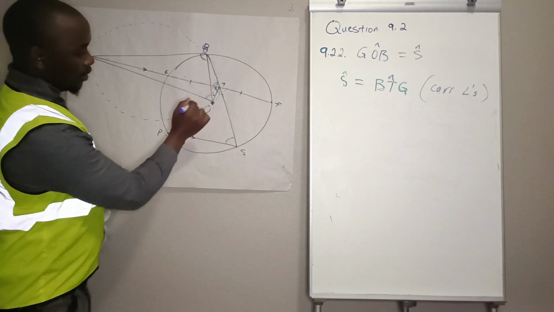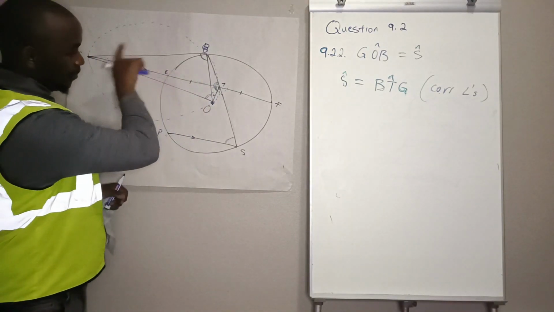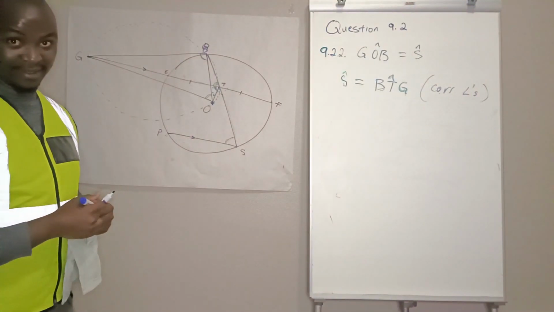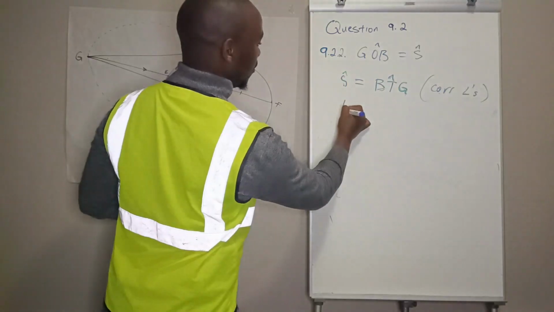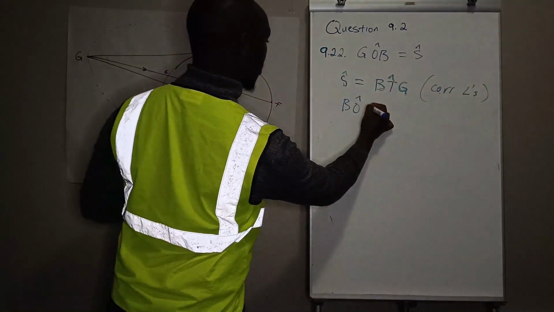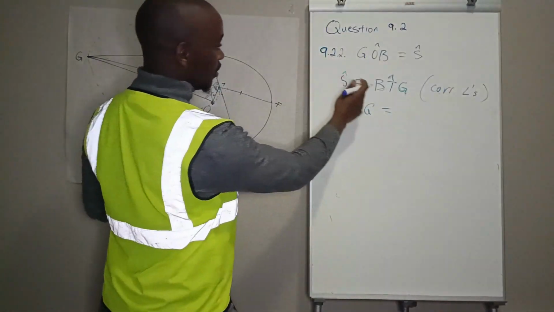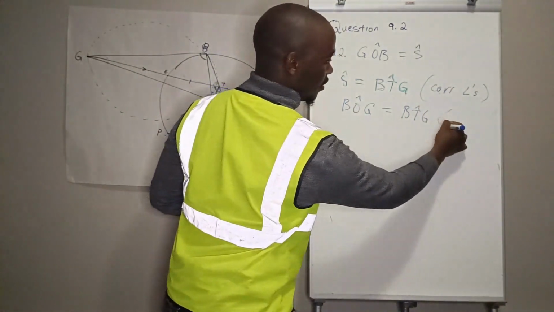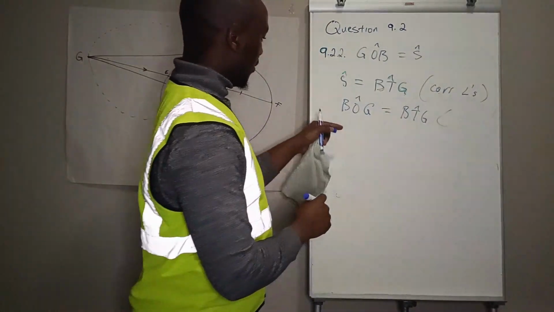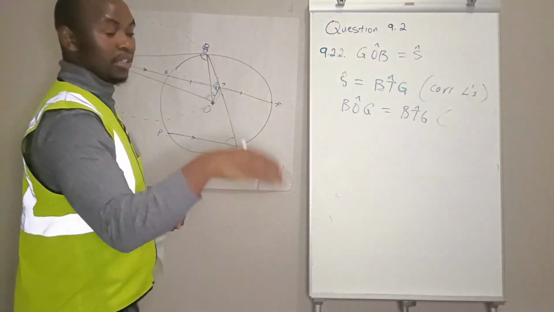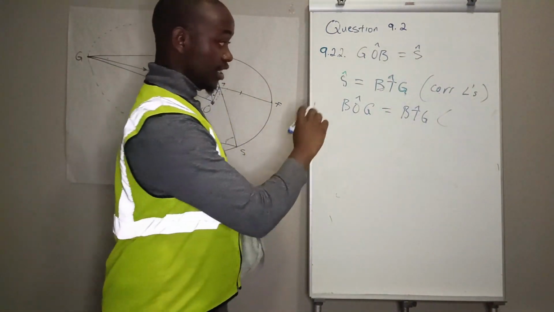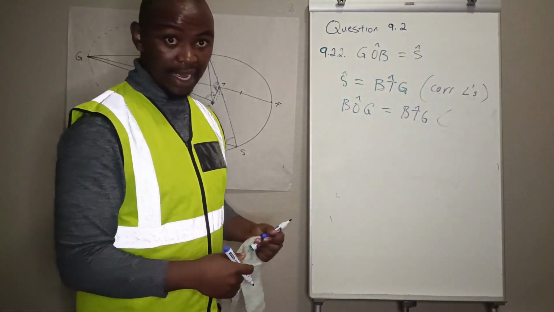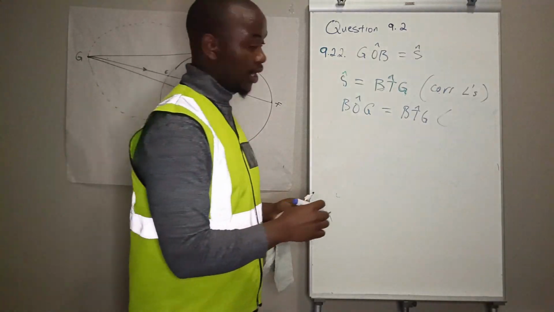And I've just told you that we have a butterfly theorem, so this angle is equal to that one. So angle BOG is equal to the same angle BTG. The reason behind this, as I told you in the previous question, is that those two angles are subtended by the same arc on a cyclic quad.